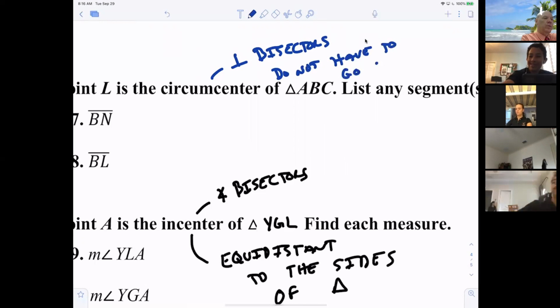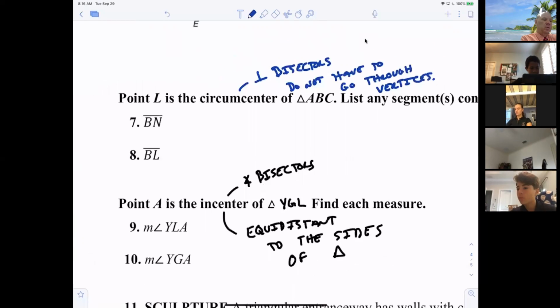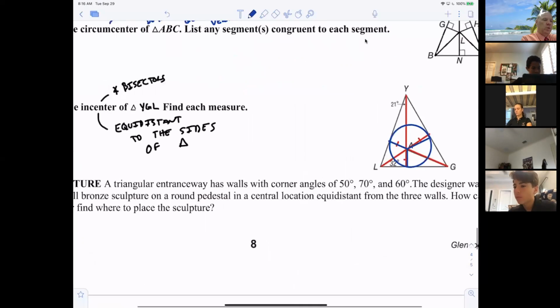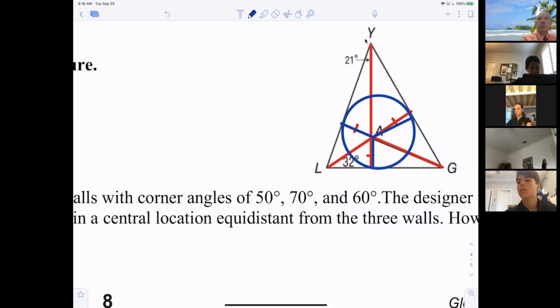They do not have to go through the vertices. Notice down here, when you draw the angle bisectors, does that have to go through the vertices? And the answer is what? Yes. How can you bisect an angle without going through the angle, right? And again, these are the types of things it's okay to make a mistake on, but I always try to tell you, if you think logically about it, it makes kind of good sense.